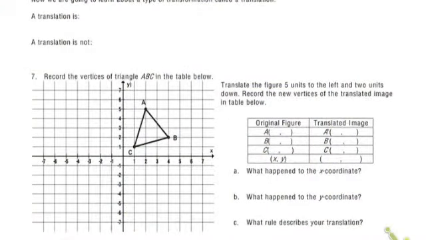All right, so now that we have reviewed coordinate geometry and just the coordinate grid, let's get into today's lesson, which is translations. So first thing we need is the definition for translations.